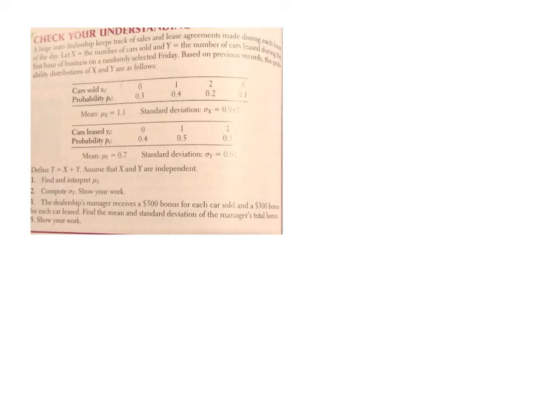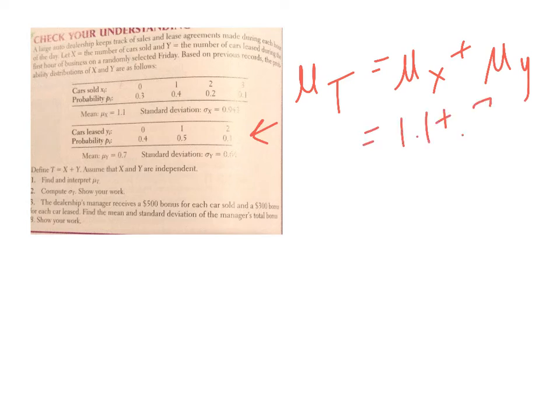Okay, one more example back at the car dealership. This time, in addition to cars sold during that first hour, we've got information on cars leased during that first hour. So step 1 asks us to find and interpret the mean of T. My mean of T is going to be the mean of cars sold plus the mean of cars leased, which is 1.1 plus 0.7, giving me a total of 1.8.